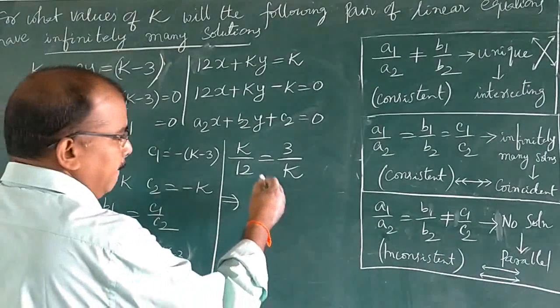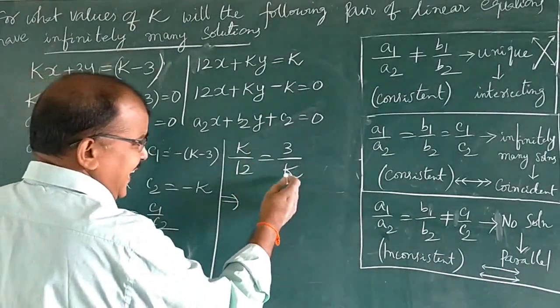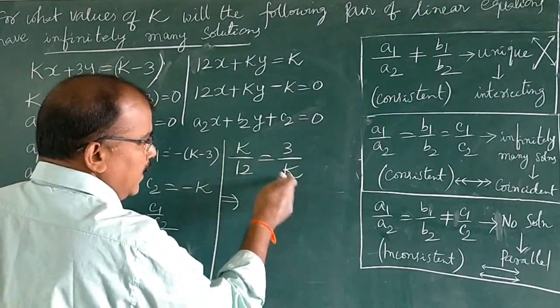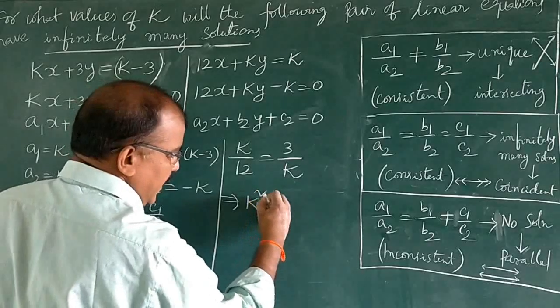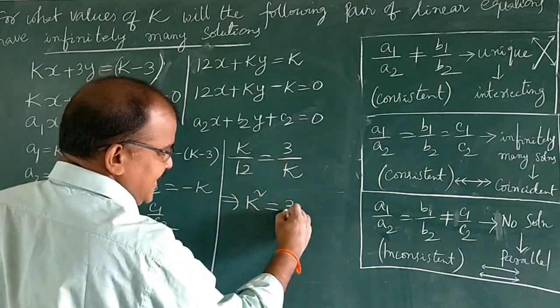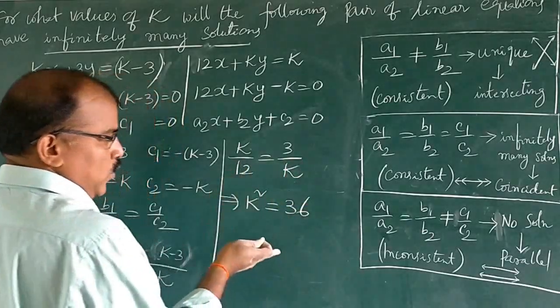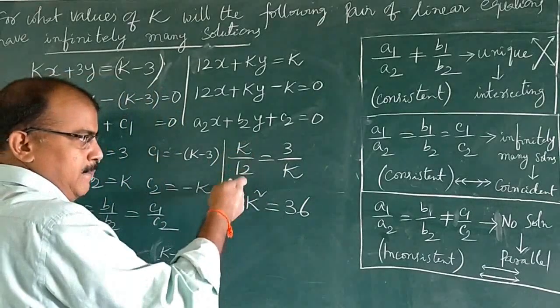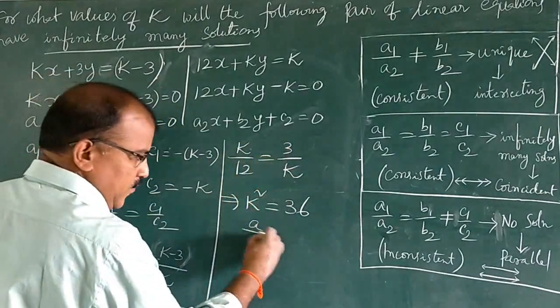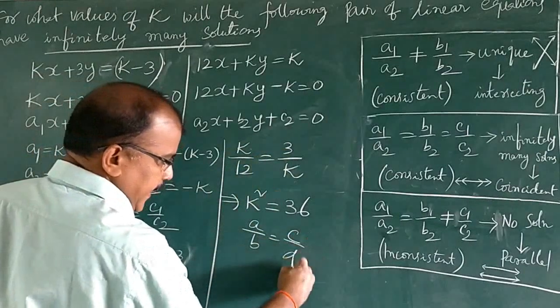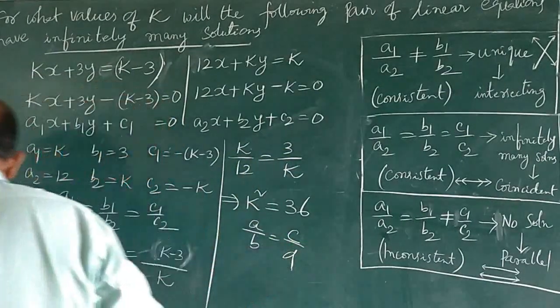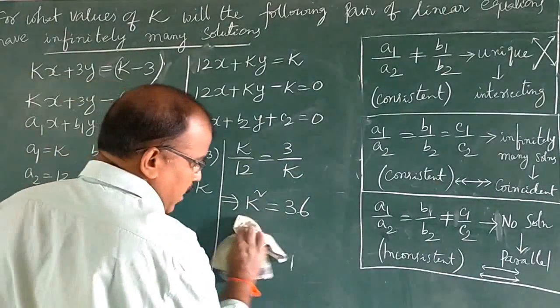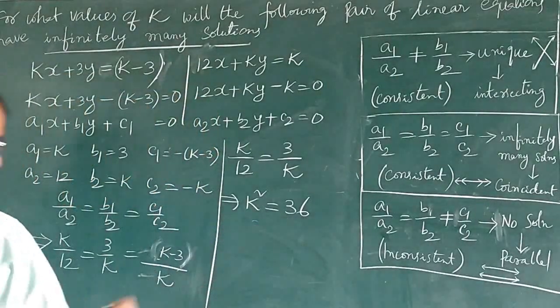Now here, cross multiplication: k into k, k square is equal to 36. Very very important, here no need to take LCM. If it is in the form of A by B equals C by D, AD is equal to BC. That's it.